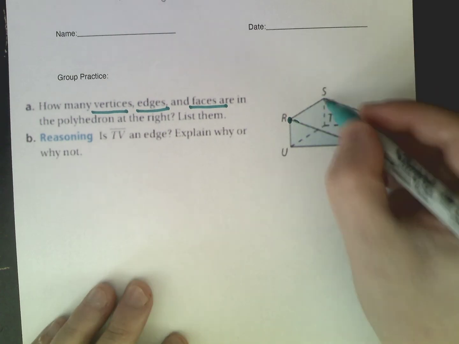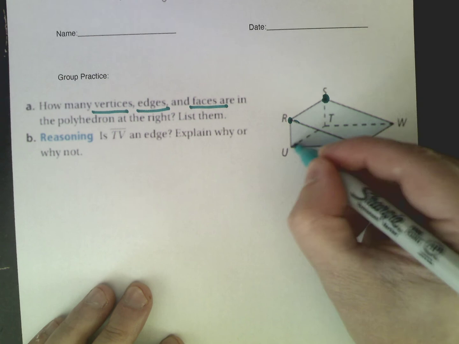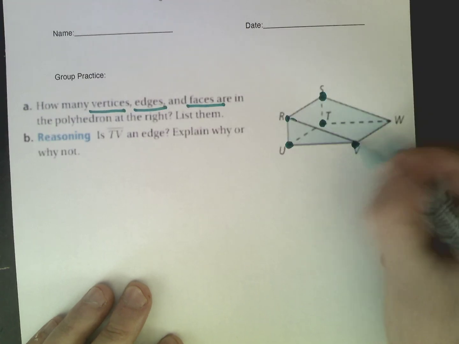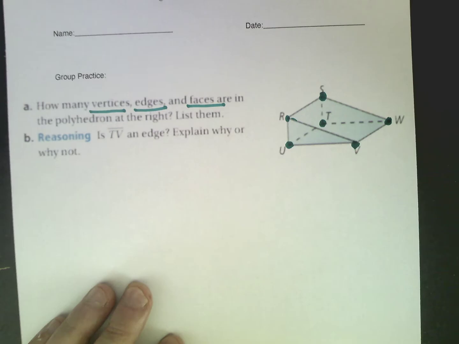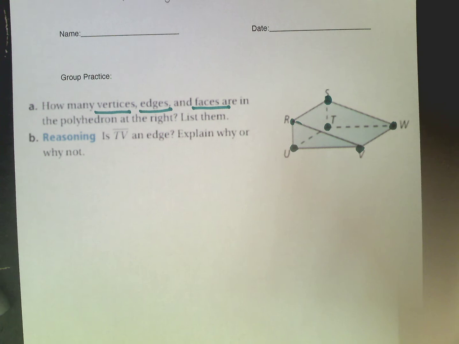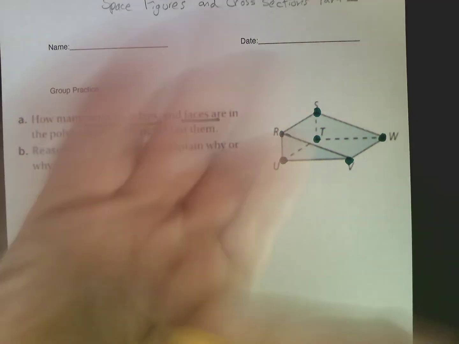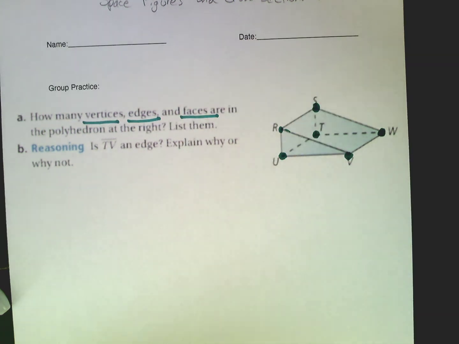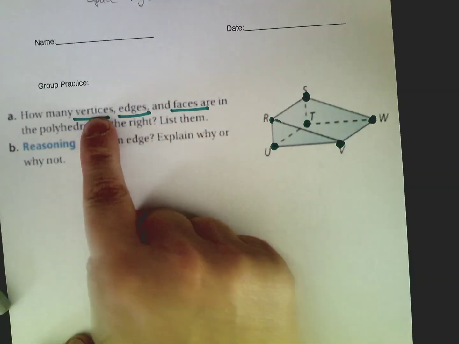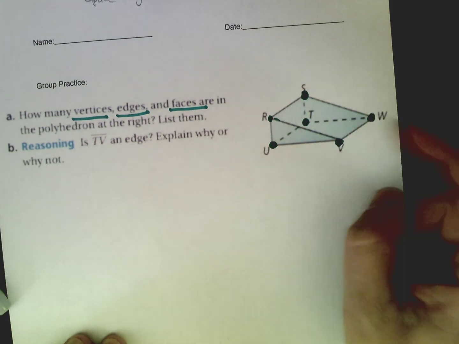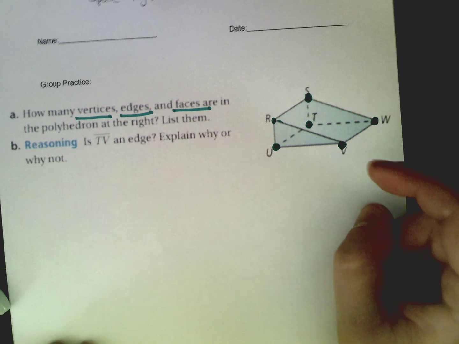I'm going to make all my vertices green. So these are all the points. If you put this to your hand, it would be ow, ow, ow, like a pencil, right? The sharp corners of this. So that makes it easy. All these places where the edges meet, we call those the vertices.